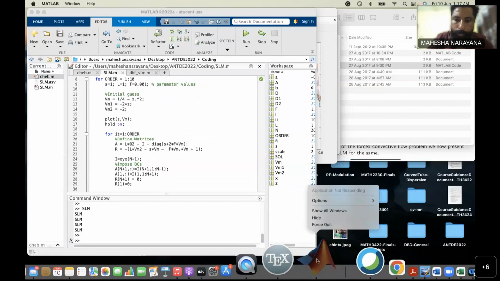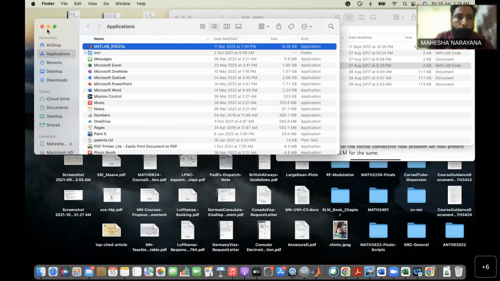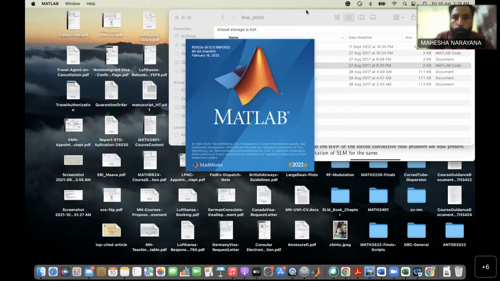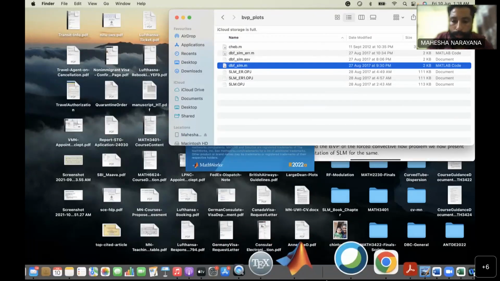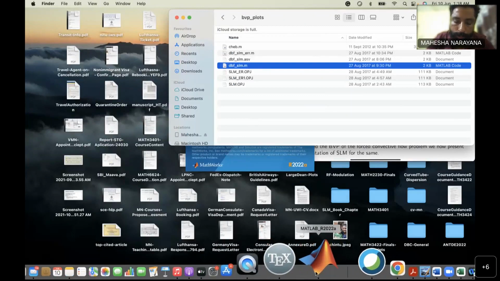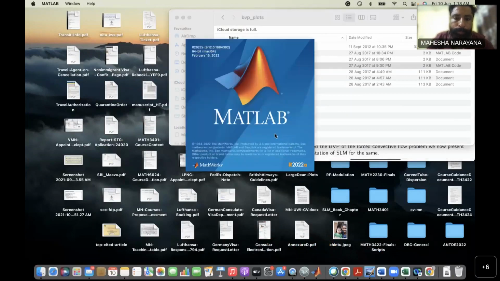Yeah, I'll just run that code which runs and perhaps share the same thing. You could go through and find out what the error is. Yeah, this is the running code. I'll just run it and show it to you.